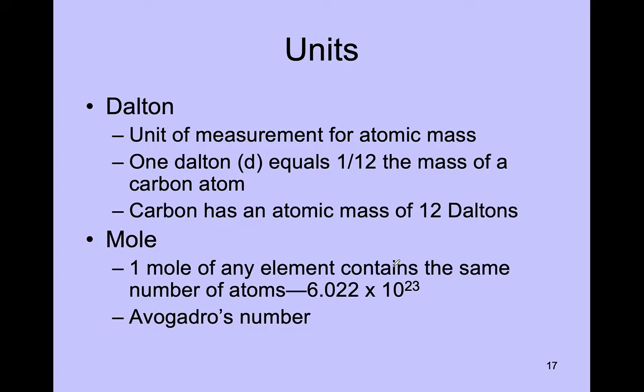What we're looking at is how many moles of atoms are in a particular concentration. Avogadro's number is 6.022 times 10 to the 23. So a single mole of any element has 6.022 times 10 to the 23 atoms. So if hydrochloric acid has a molarity of 6, you're looking at 6 times 6.022 times 10 to the 23.